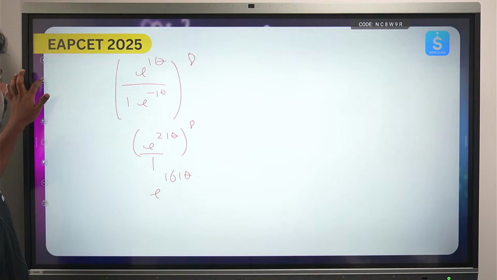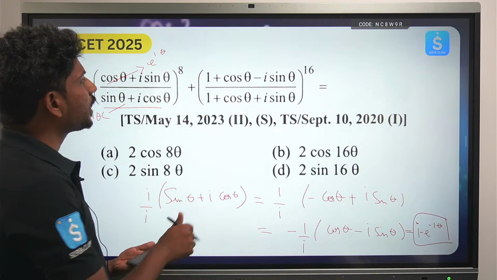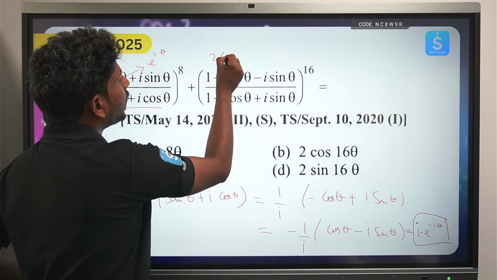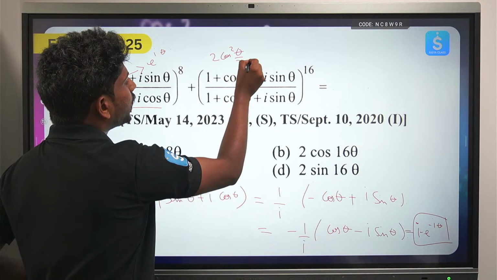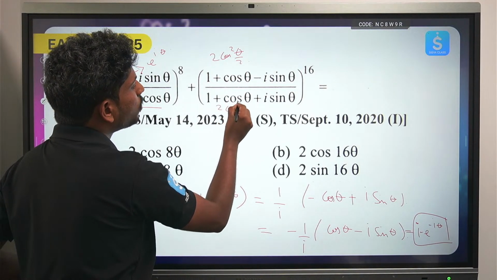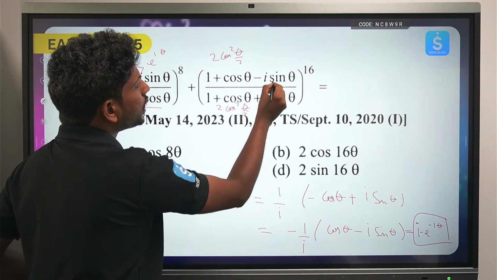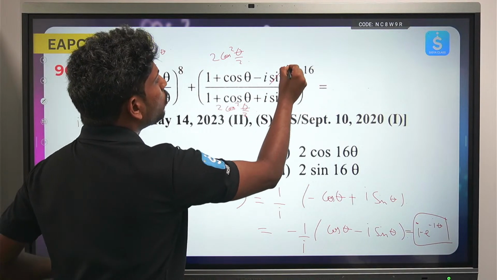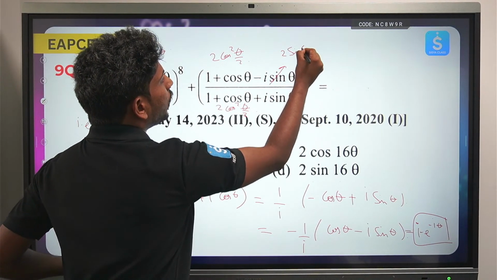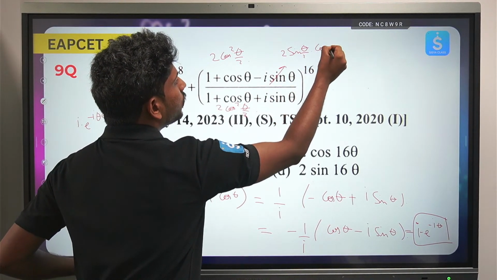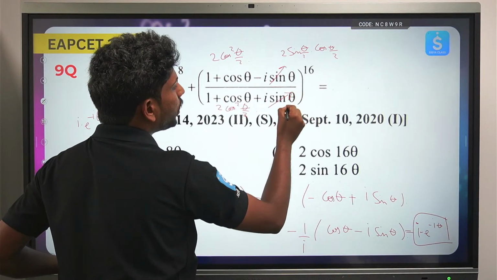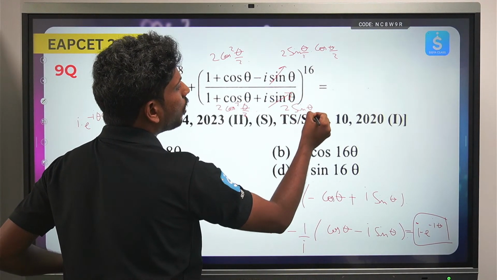Look here, 1 plus cos theta, you can write it as 2 cos square theta by 2, and this is also 2 cos square theta by 2, and here sin theta can be written as 2 sin theta by 2 into cos theta by 2, and similarly here also this can be written as 2 sin theta by 2 into cos theta by 2.